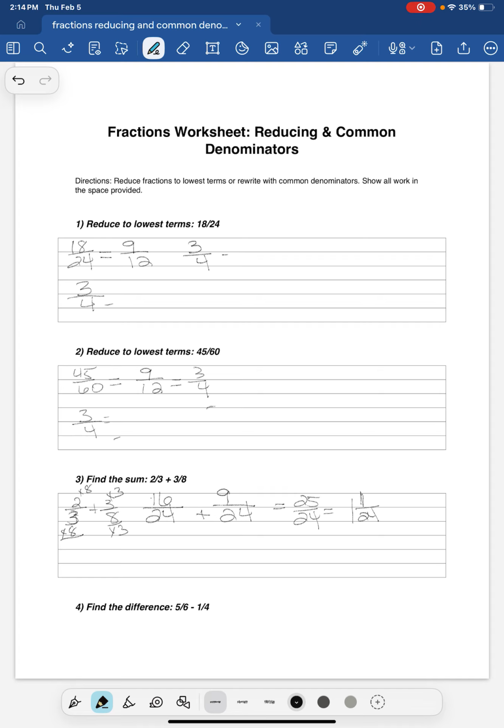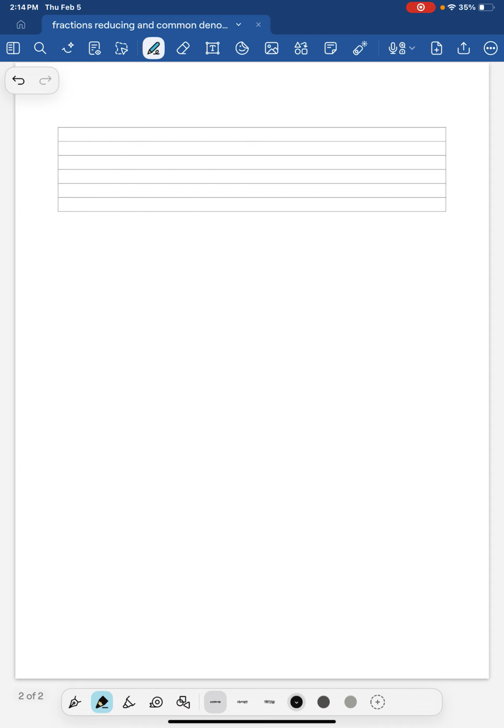Okay, now we're going to have 5/6 minus 1/4. Again, you cannot subtract those because the denominator is not the same. But in this instance, you will not just multiply them together to get the denominator. You could, but then you're going to have some unnecessary reducing at the end. What you're going to do is see that these both can equal 12.